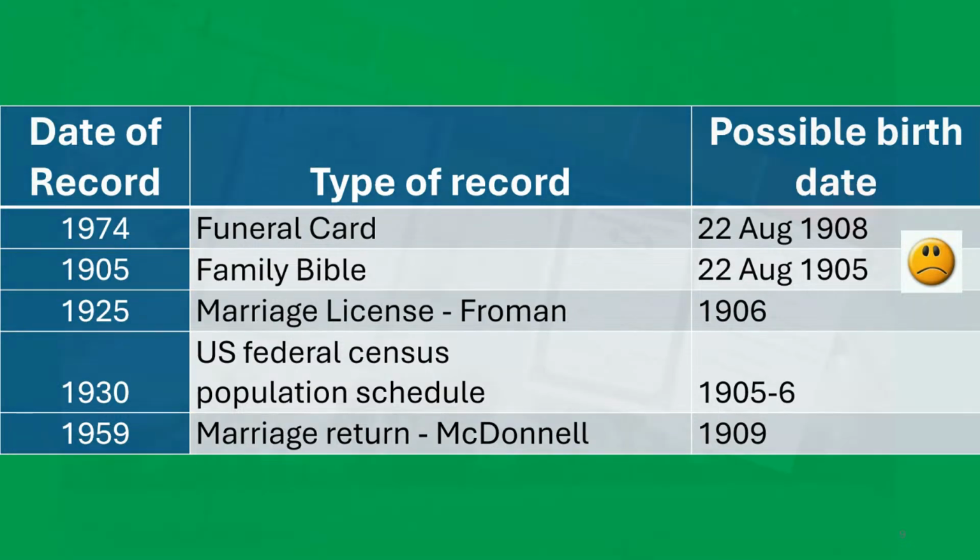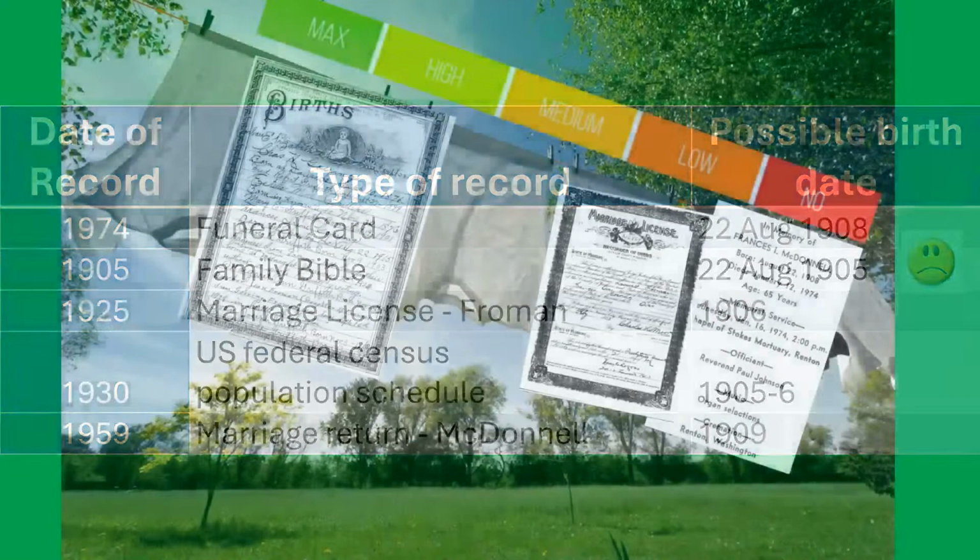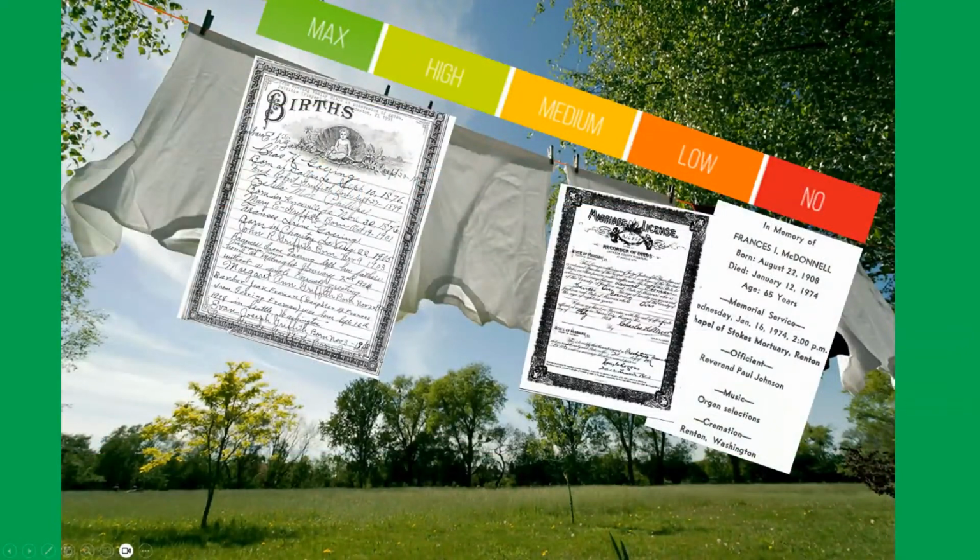And yet, in that research process, I was considering which is highly reliable and not so reliable. These are things you're weighing back and forth as you're doing your research. Yeah.